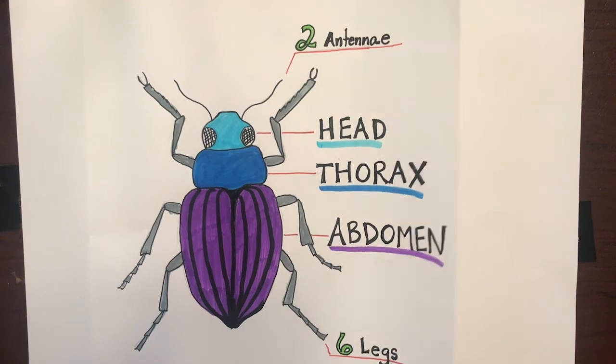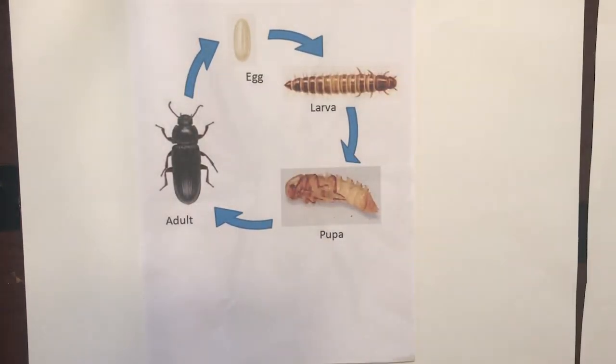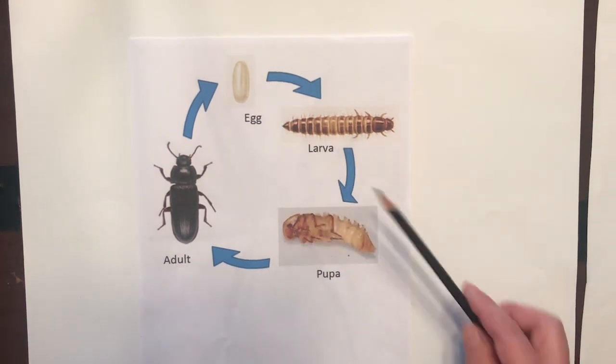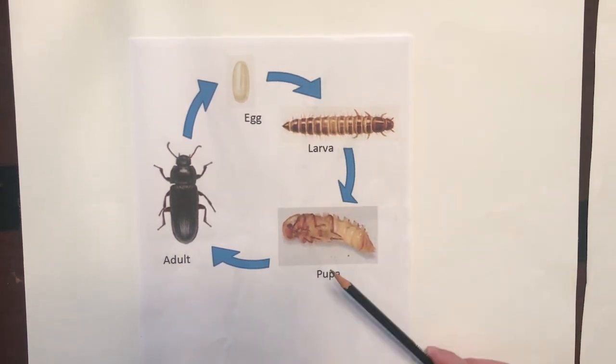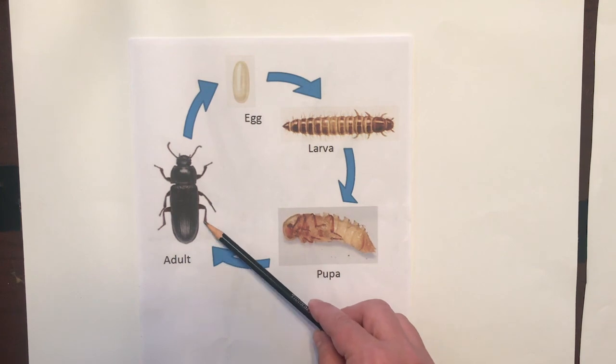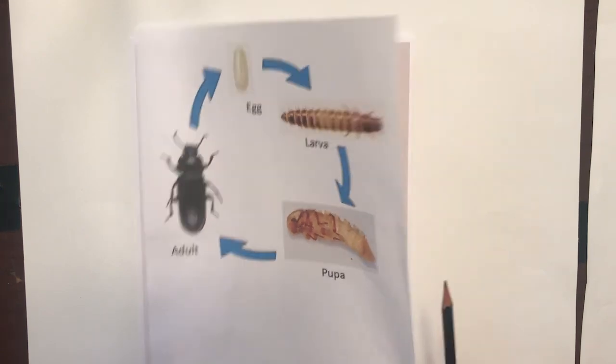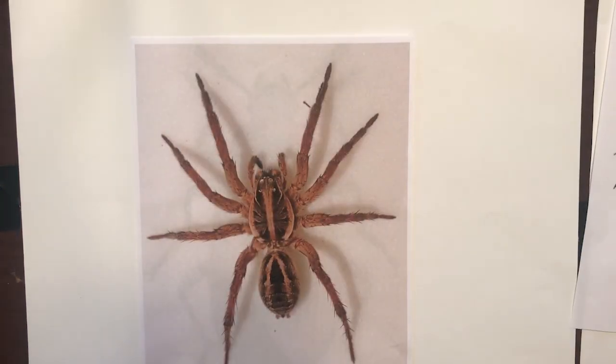An insect also goes through a life cycle. It starts with an egg, then it goes to the larva stage, the pupa stage, and then to the adult stage.